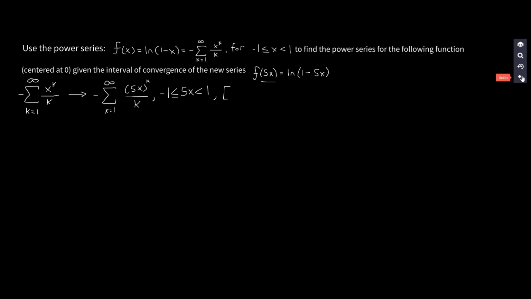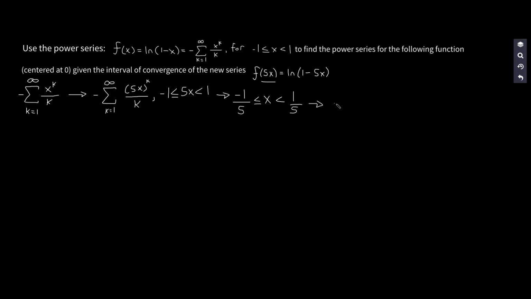So let me be specific here. I'm going to divide the entire inequality by 5, and this becomes -1/5, which is less than or equal to x, because we got rid of the 5, which is less than 1/5.